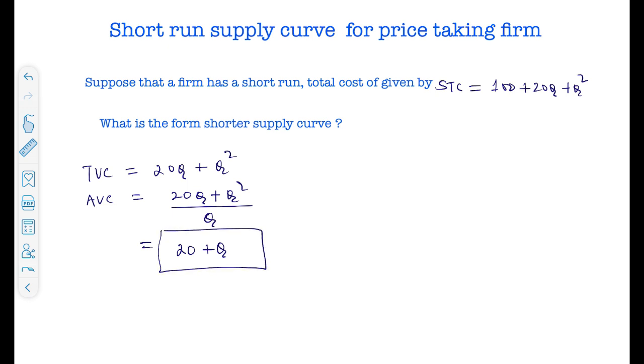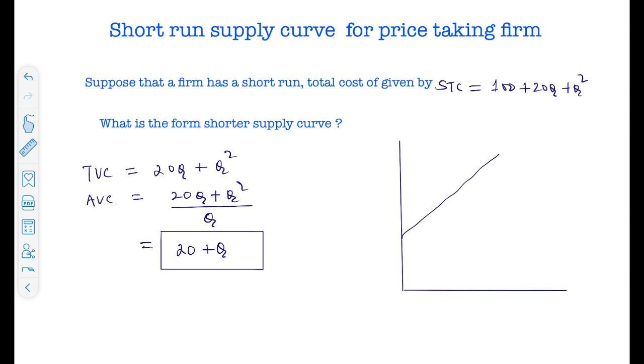So here the price must be at least 20. I am drawing the graph: this is the average variable cost, this is the intercept, and average variable cost is 20 plus q.